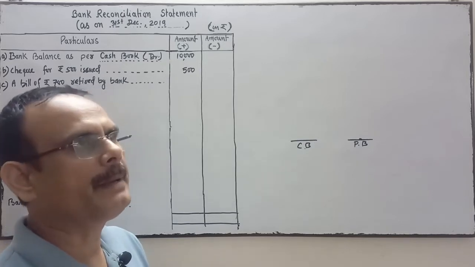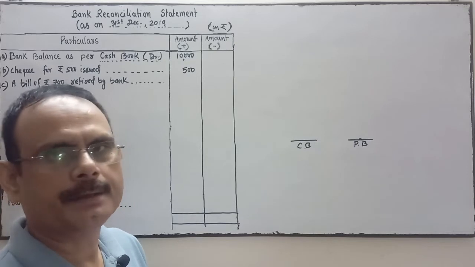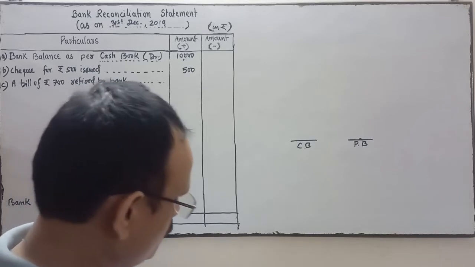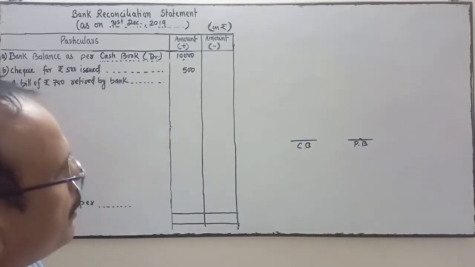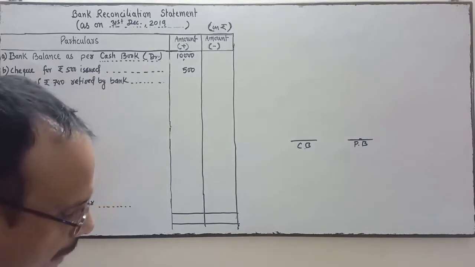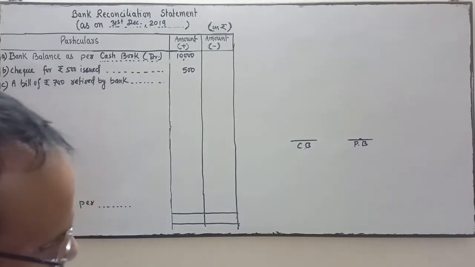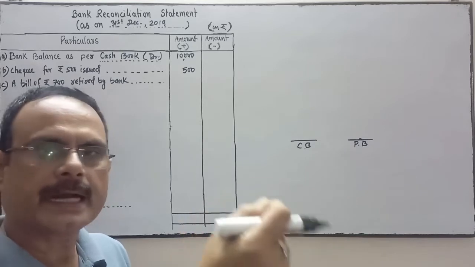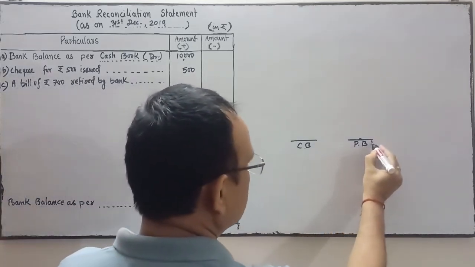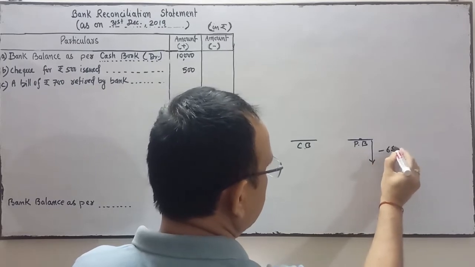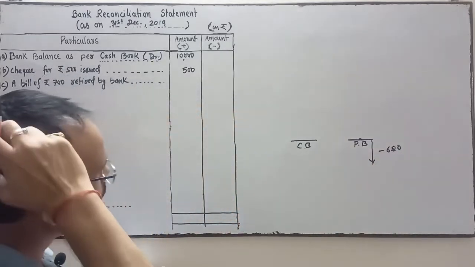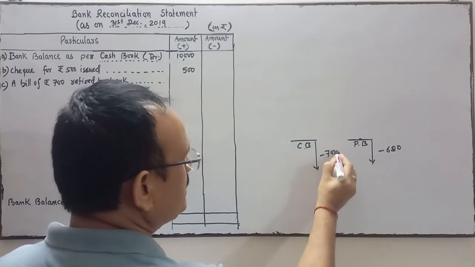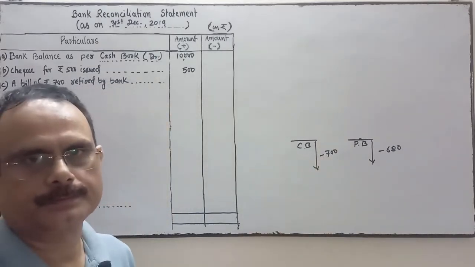When the bank makes the payment, it makes the entry in my passbook after deduction of the rebate. So in the passbook it is reduced by 680 after rebate, but in the cash book the full amount, 700 rupees, is credited.